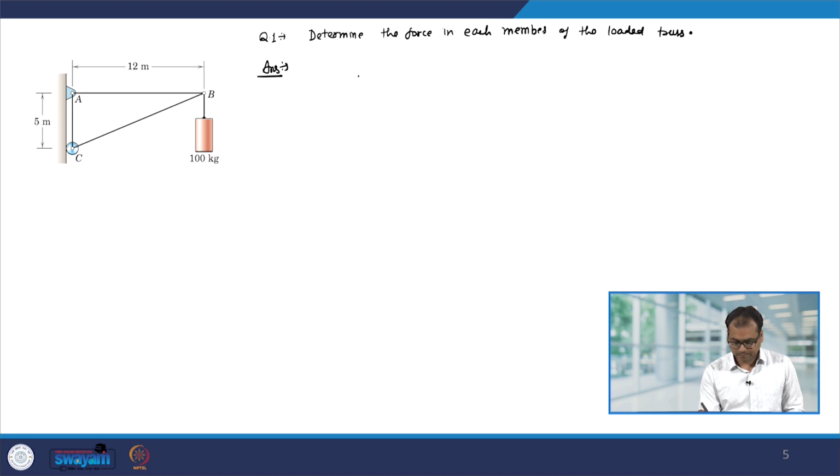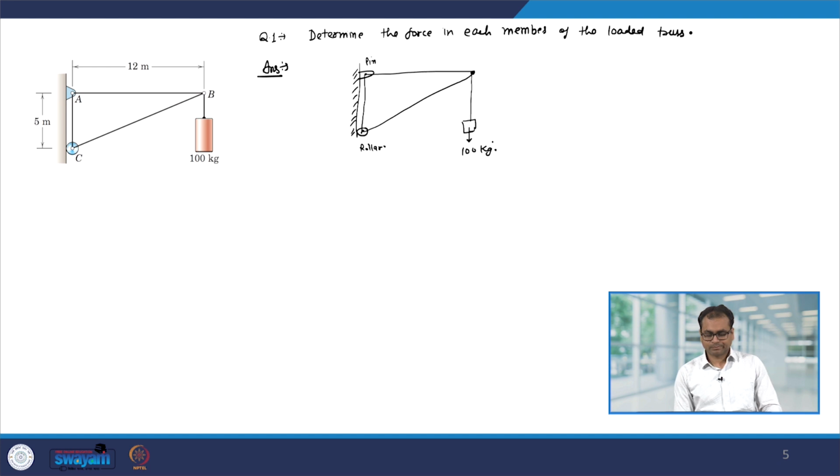Just for simplicity I am making this, but it is not required. You have a pin here and you have a roller support at this point. So, this is a pin support, this is a roller, and then we have all these members like this, and then at B it is connected by a pin, then you have a 100 kg load.